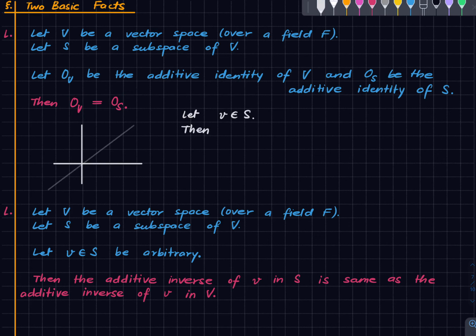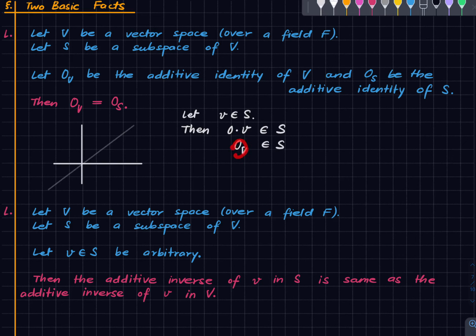Then 0 times v will lie in S, because all we are doing is scaling the vector v by the scalar 0. But after all, this scaling is happening in the parent space, so this has to be the additive identity of the vector space V. So at the very least, the additive identity of the parent space lies in the subspace.